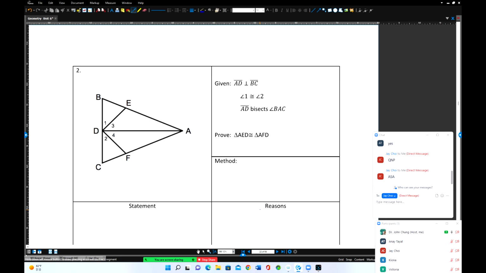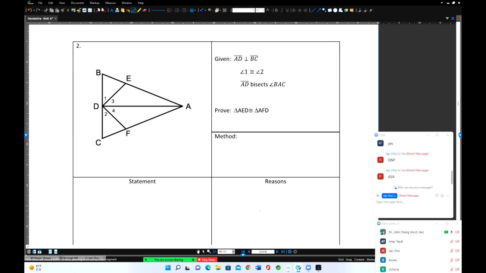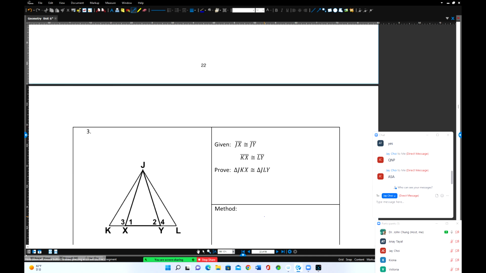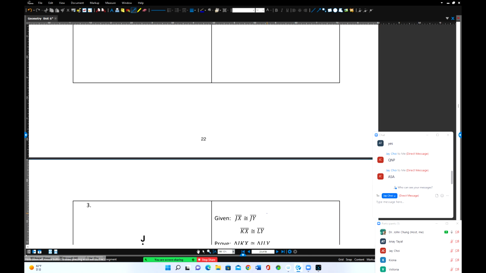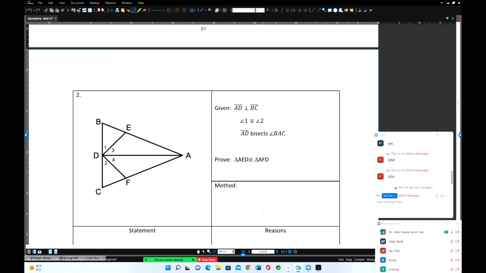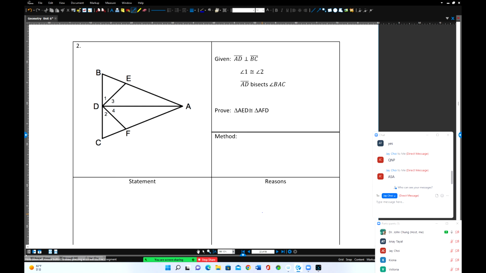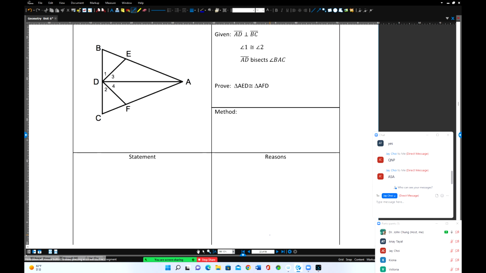Move on to the next one. Overlapping will be next. This one. AD is perpendicular to BC, okay?